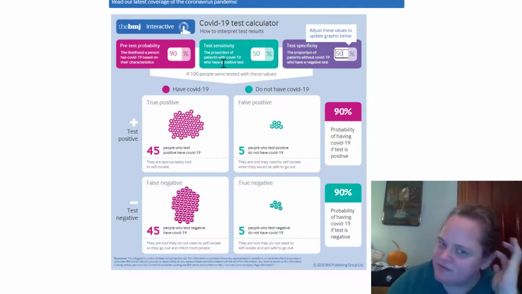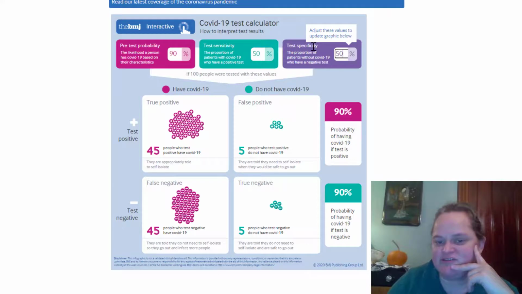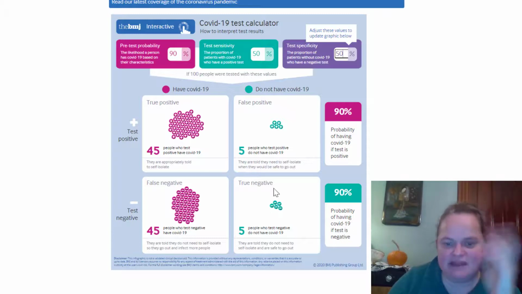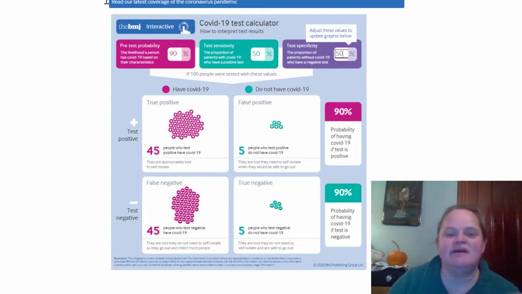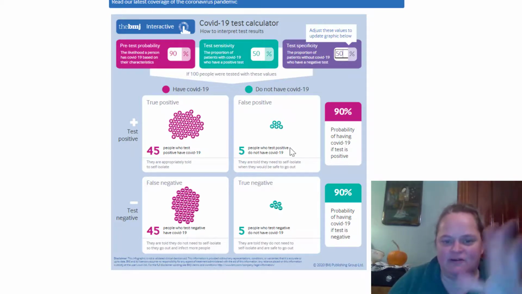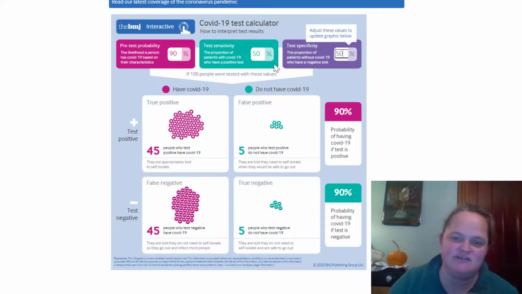The sensitivity has to do with this left column, and the specificity has to do with the right column. The pretest probability is the red and the green, but where they end up has to do with the sensitivity and specificity.